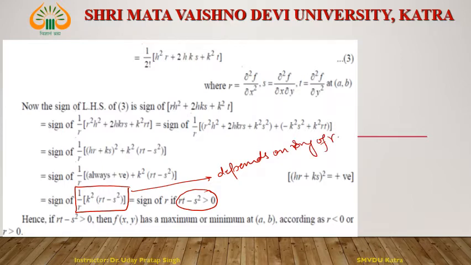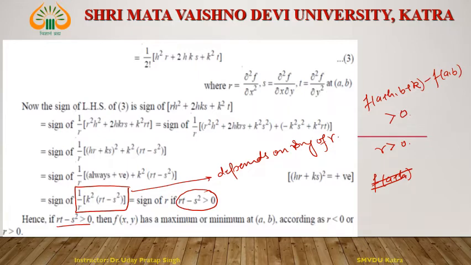Now see, if rt minus s square is greater than 0, then say if r is greater than 0, rt minus s square is already greater than 0, then sign of this is greater than 0. It means our LHS, that is f of a plus h and b plus k minus f of ab, is greater than 0.